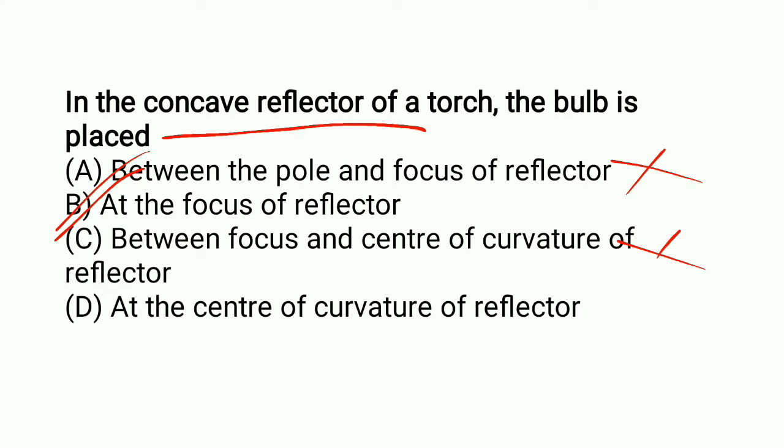Option D, at the center of curvature: the image is going to form at the same size. So only option B, if the object is kept at the focus, the concave reflector torch will send the beam to converge at a larger distance. So option B is the correct answer.